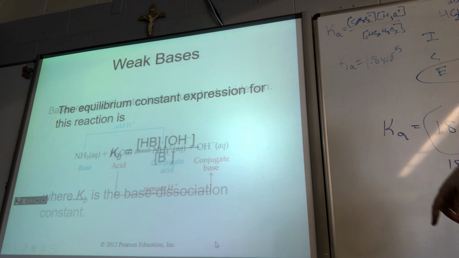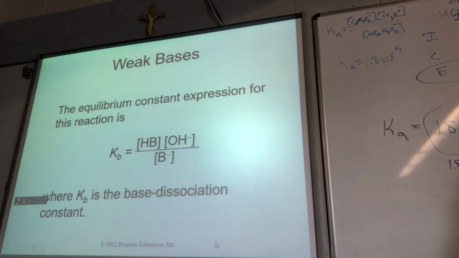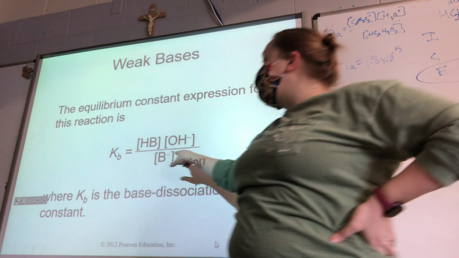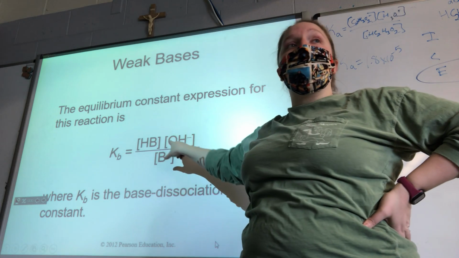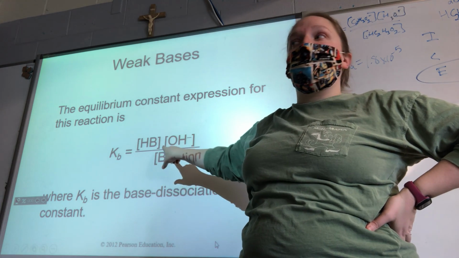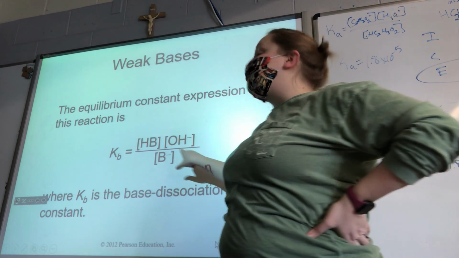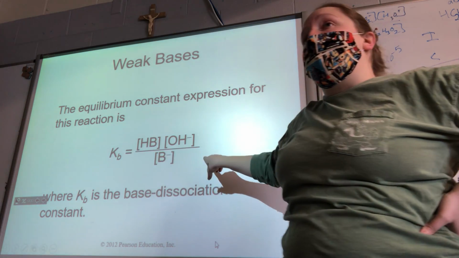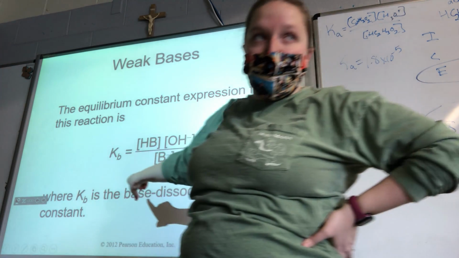Okay? All right. An equilibrium expression for bases is going to look like this. Typically, bases are going to have a location for a proton to attach to. What's the thing that's not on the bottom because it doesn't go in the equilibrium expression? Water.